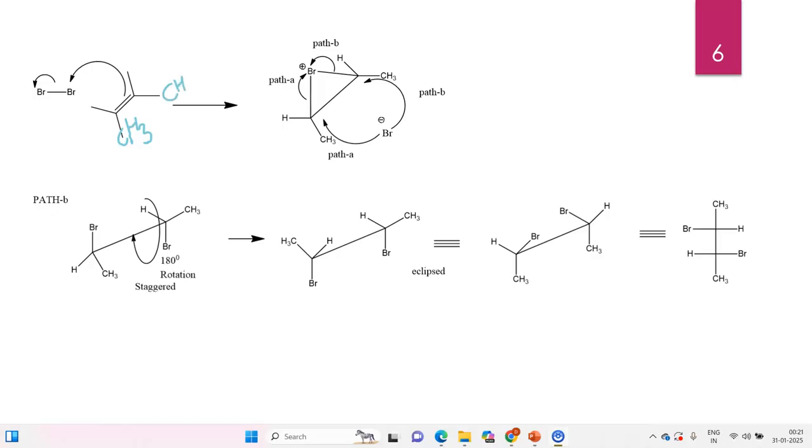This is cis-2-butene and we are discussing path B. This will be H, and this will be H.